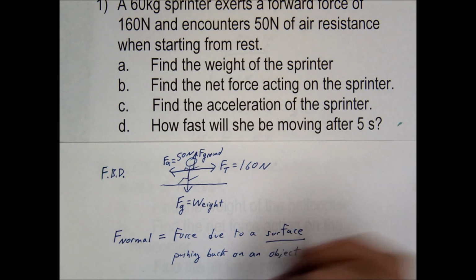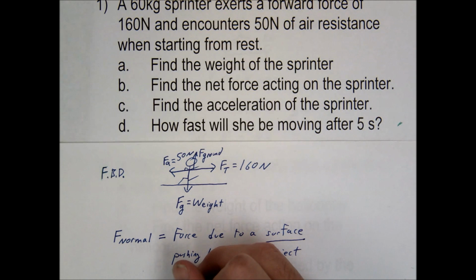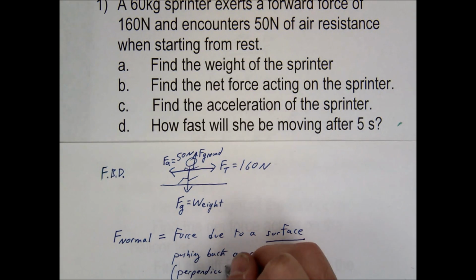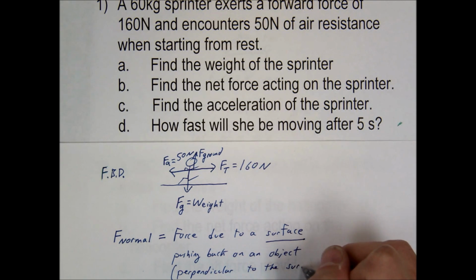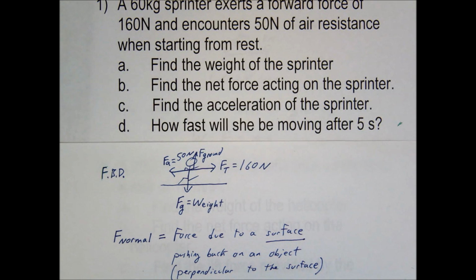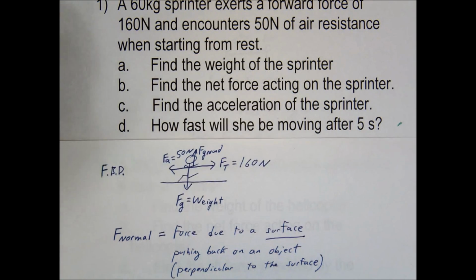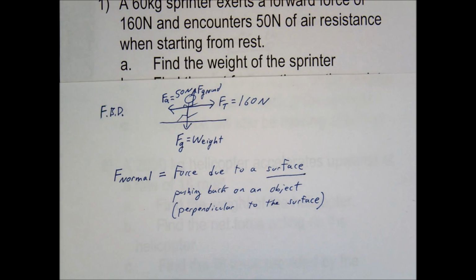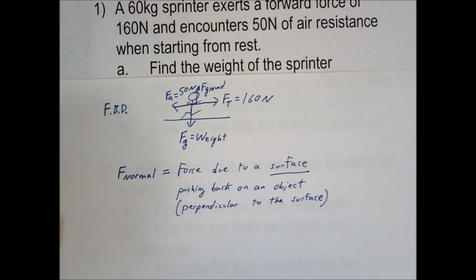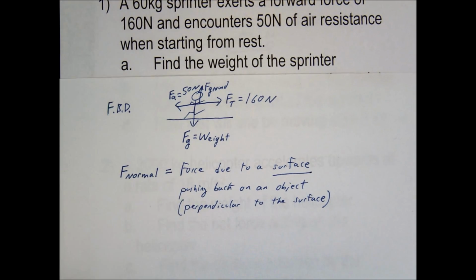And the word normal means it's always perpendicular to the surface. The normal force will always be perpendicular to the surface. Okay, so that's just a sidebar. We're going to get more into the normal force tomorrow, but just a little preview.